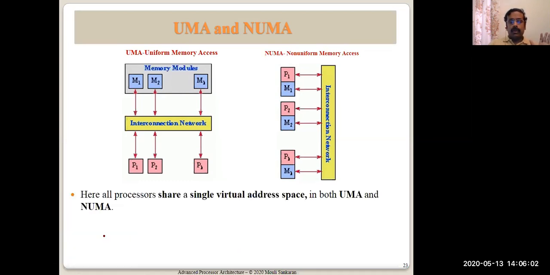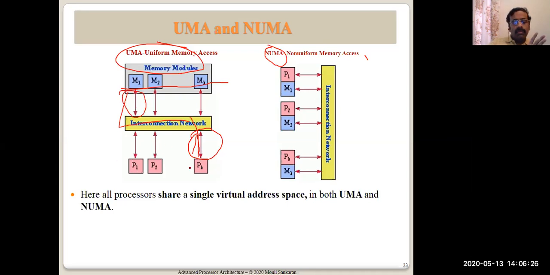Now NUMA means non-uniform memory. This is non-uniform memory and this is uniform memory. In this case, all of them are located here, a little bit of distance apart, and the time taken for this processor to reach this memory is the same, since it has to go through this interface and this interface.